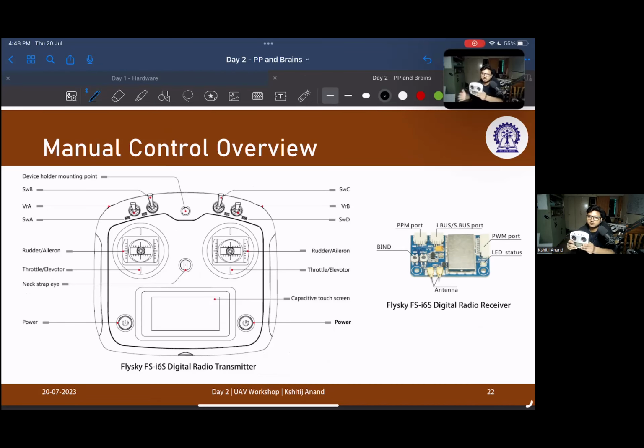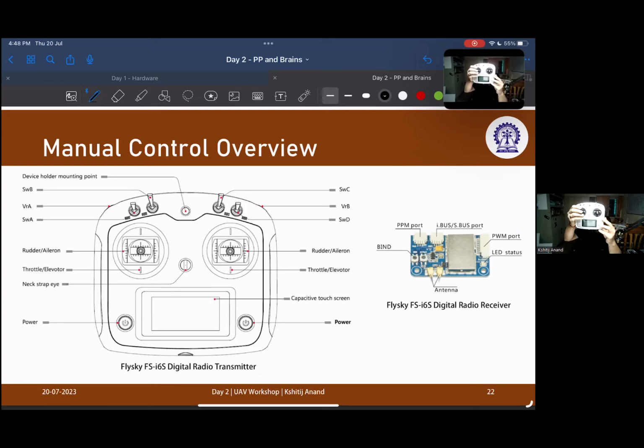I think this is the best I can do. So yeah, this is a receiver. Okay, as you can see on the screen. These are called sticks. Okay, so these sticks are moving in one direction, two directions, another direction.